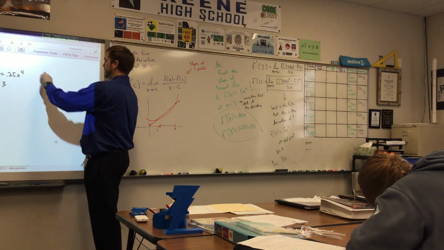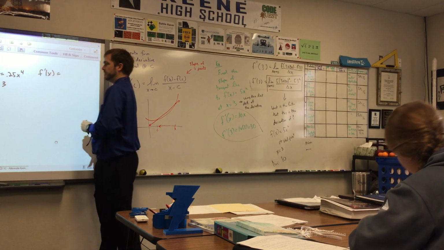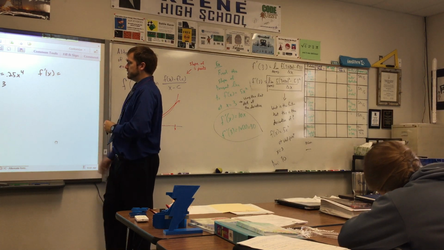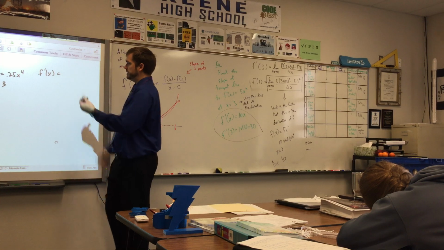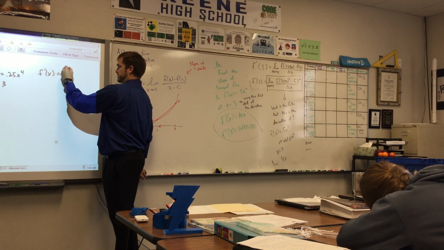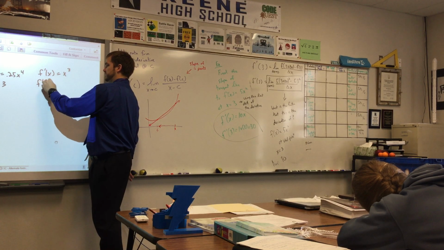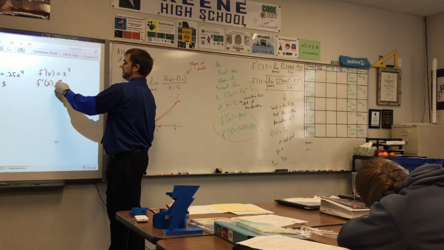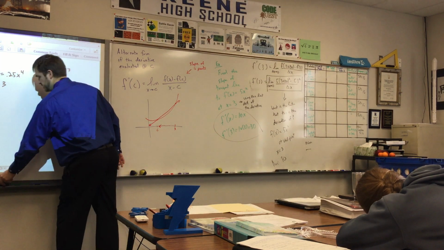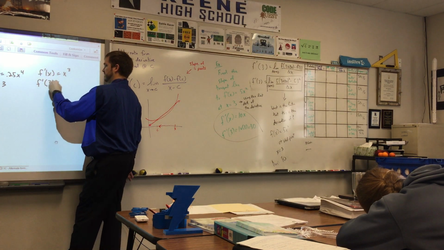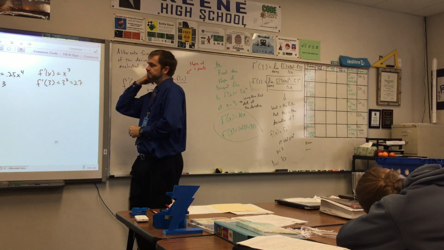So the way that we're going to do that is we will over here write f prime of x. So 4 times 0.25 is 1, so 1x cubed. And so then f prime of x would be, or sorry, f prime of 3. 3 cubed, 27.